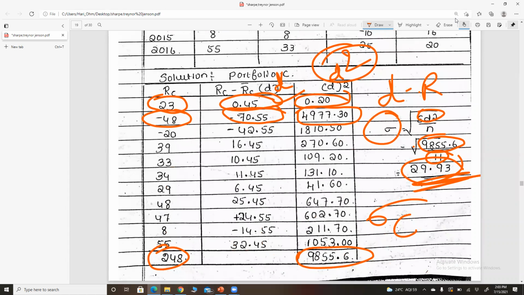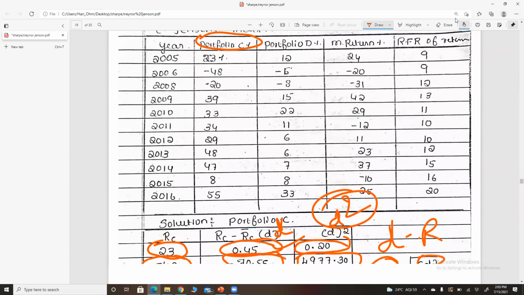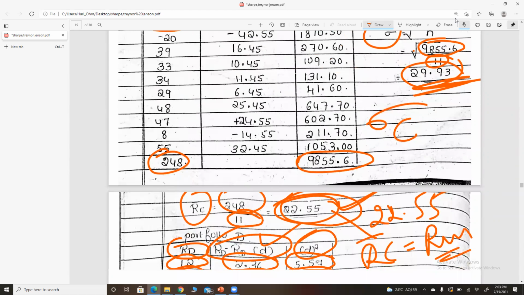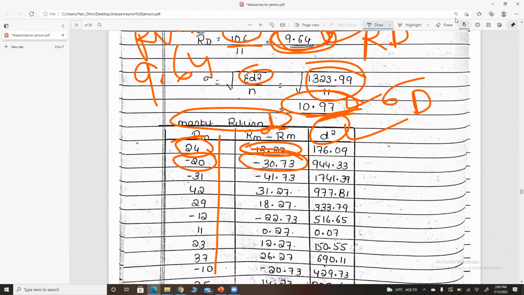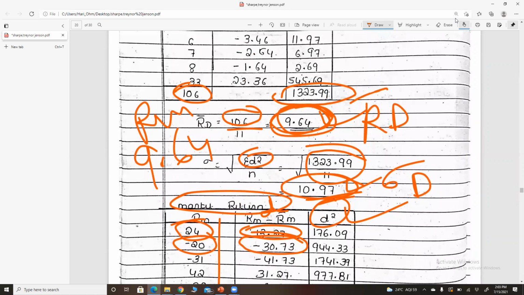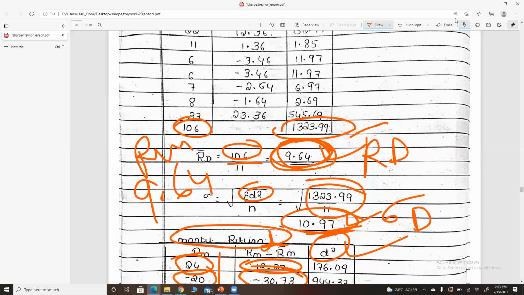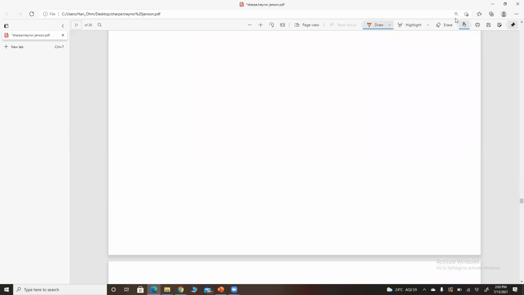This is the standard deviation of C, 29.93, and RM is here, that is 22.55. Clear? So next one for Y, sorry, for D, portfolio D, that is 9.64 is the RM, right? Then standard deviation D is 10.97, right?